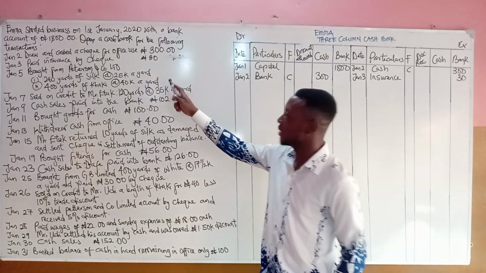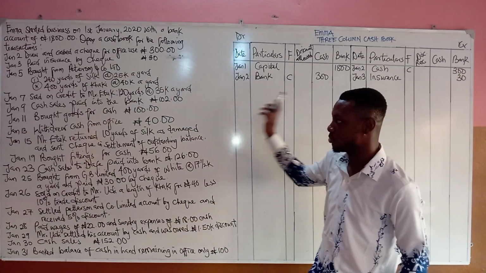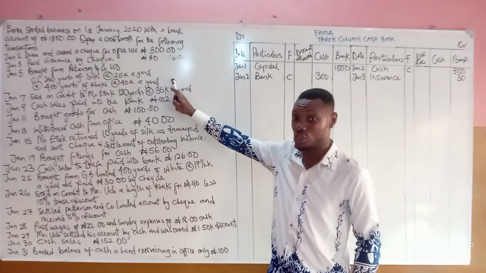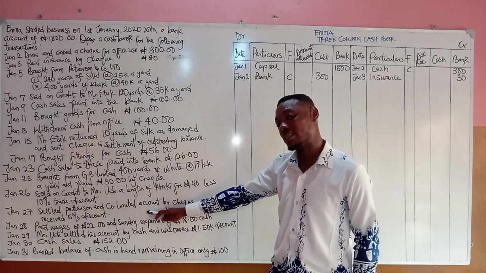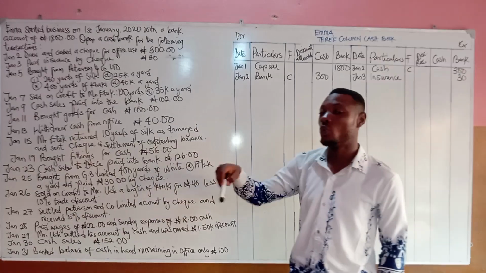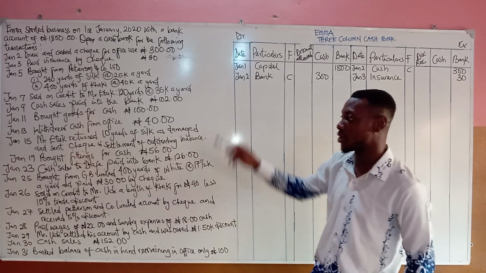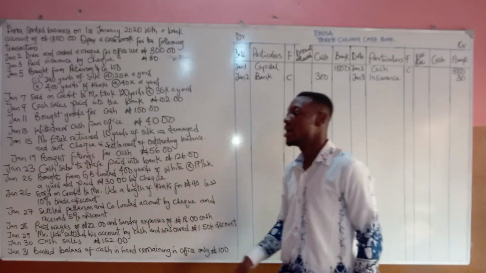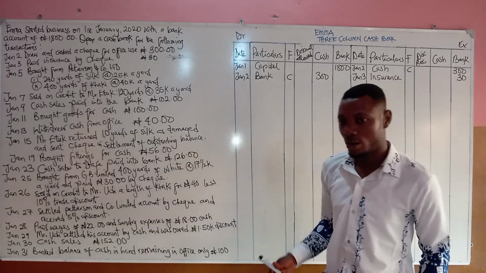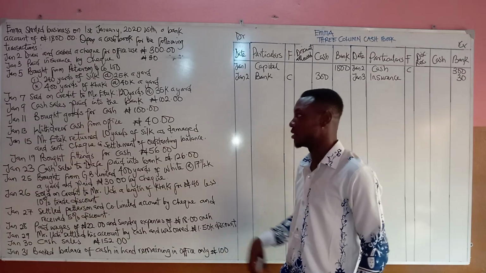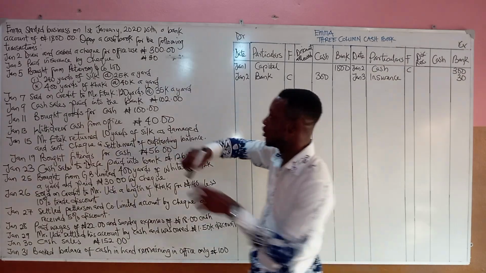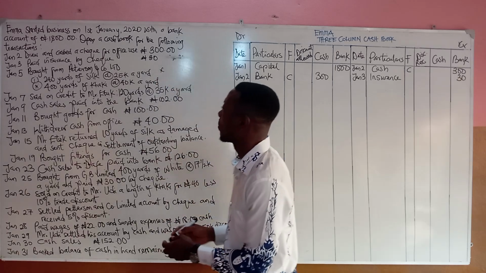But we are not going to enter January 5th in our cash book because there was no cash transaction. It was a credit transaction. Instead, we are going to enter January 27 when we get to it, because we are entering our cash book following ascending order from moment of occurrence. So we skip this. Mind you, we are coming back to this.